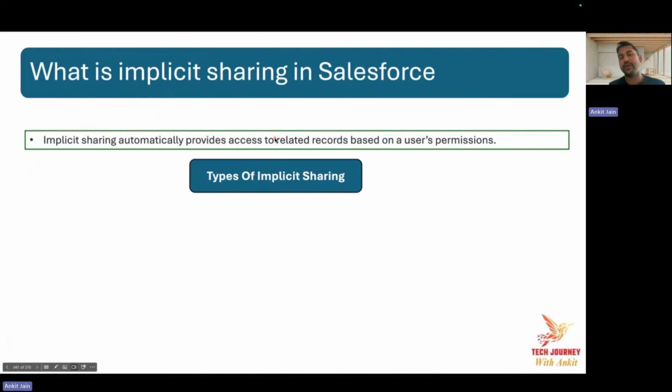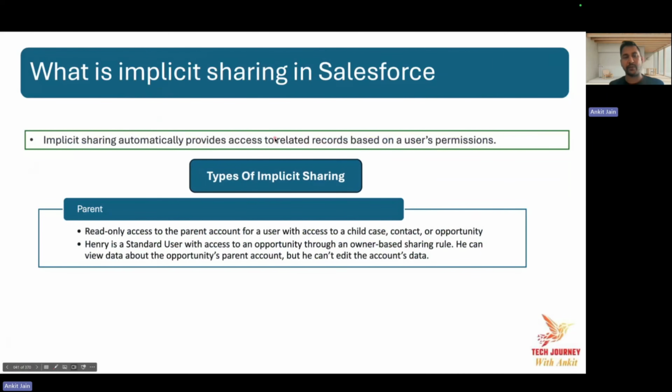There are two types of implicit sharing available in Salesforce. I already talked about it in brief, but let me repeat it one more time. One is the parent. What does this mean? Read only access to the parent account for a user with access to the child case, contact, or opportunity. For example, as a user, you have access to the case object, contact object, or opportunity object.